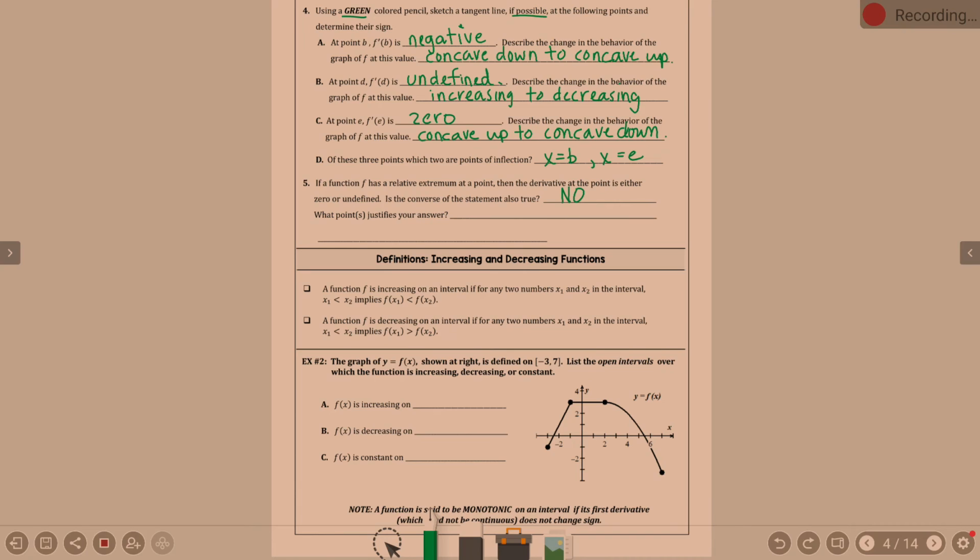So what point justifies your answer? I'm going to say x equals E. Obviously, I'm going to write a little bit more than that. The derivative at E equals 0, but point E is not an extrema.